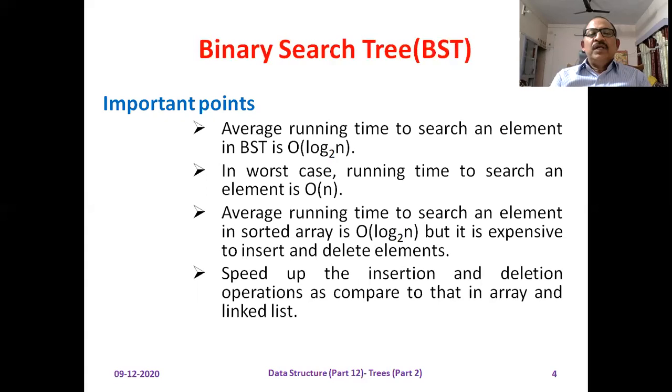But average running time to search an element in a sorted array is big O of log n base 2, but it is expensive to insert and delete elements. However, binary search tree speeds up the insertion and deletion operations as compared to that in array and linked list.